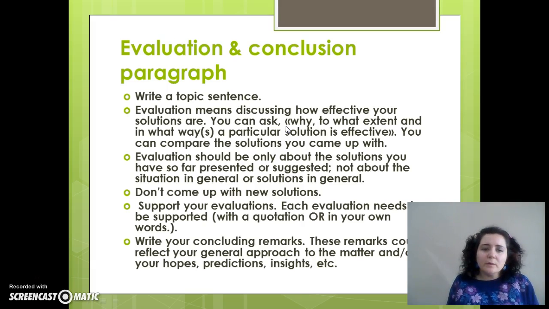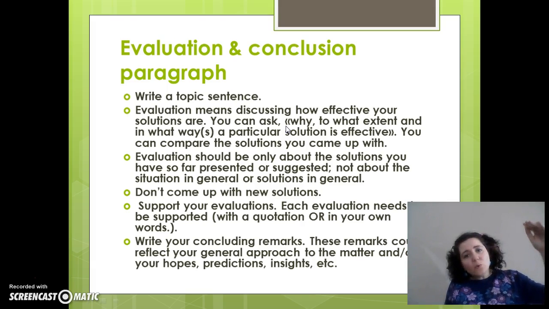Now, when I read my students' essays, I found out that some of them are evaluating the situation. We're not evaluating the situation here. Remember that all the paragraphs are connected to the following paragraph.